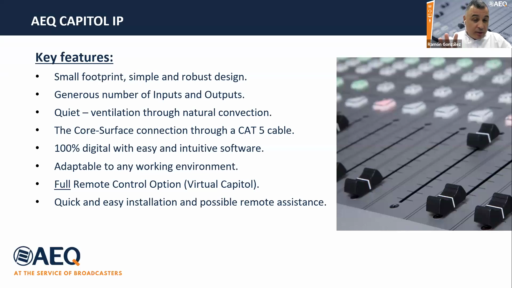So for those installations with an MCR and remote studio, it fits very well. It comes with an easy and intuitive software configurator, adaptable to any workflow, as I mentioned before, and full remote control through another software that we can provide, which is called Virtual Capital. You will see it later on. And quick and easy installation. It's very simple, really.